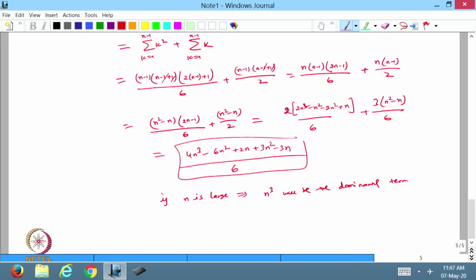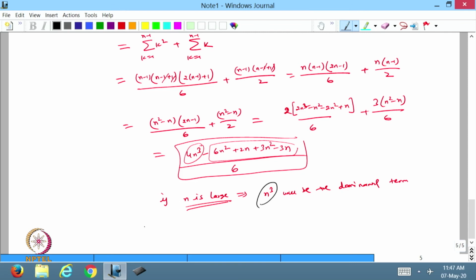Suppose in this case also I put n equal to 5, then this will be the dominating term. It may happen that this will be cancelled out and this will dominate, but one thing is true, that if n is large enough, then definitely this n cube term will be the dominating term.